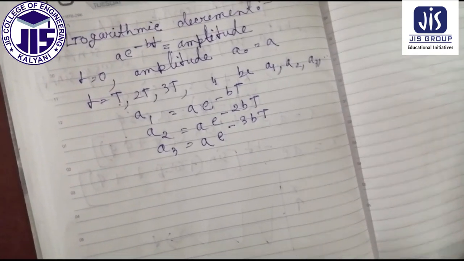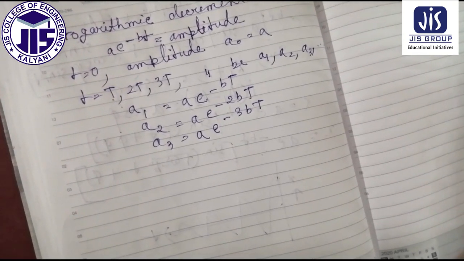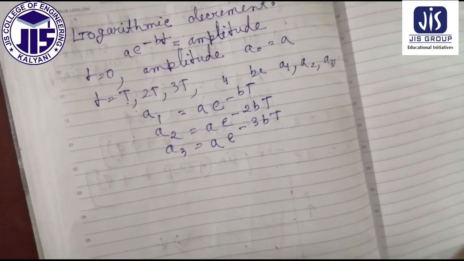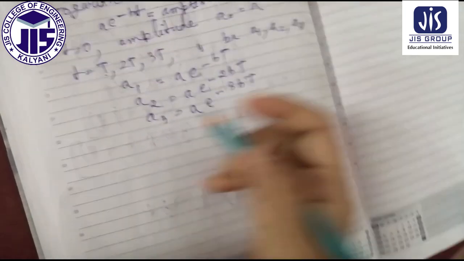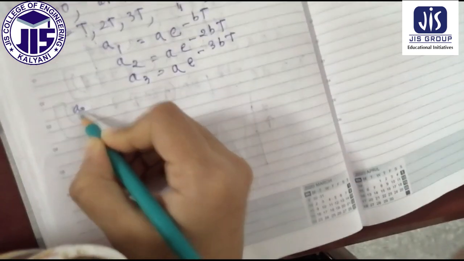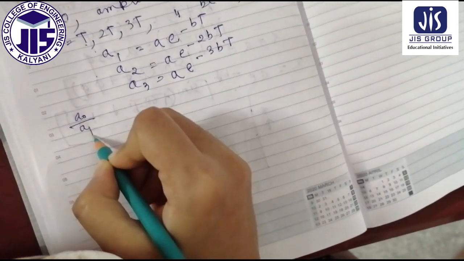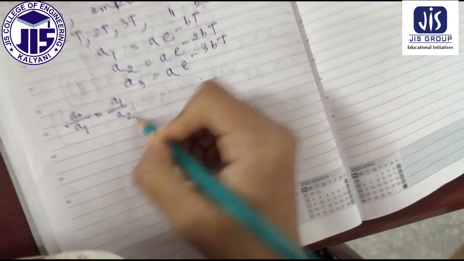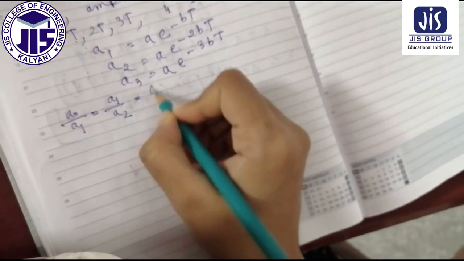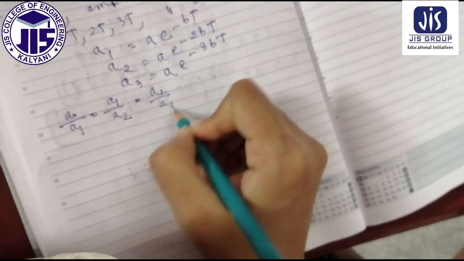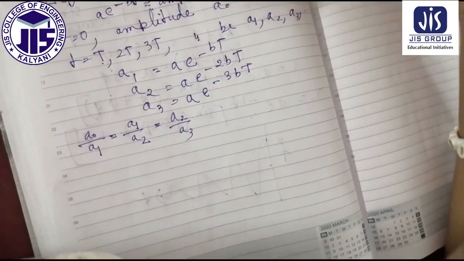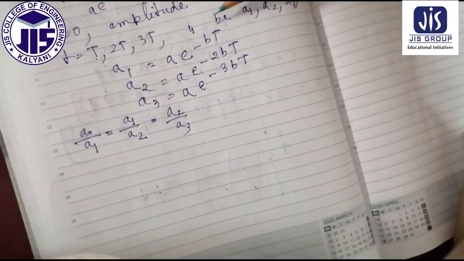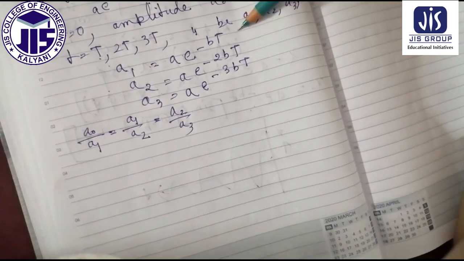What is logarithmic decrement? To find it we actually have to find the ratio of the amplitudes, like a0 by a1 equal to a1 by a2, equal to a2 by a3. Now if you go for a0 by a1, then you get e to the power plus bT.